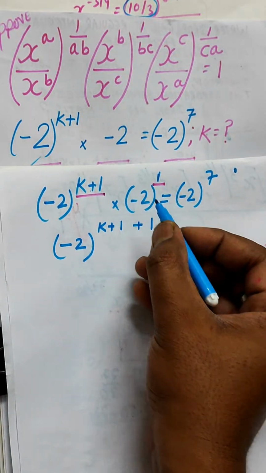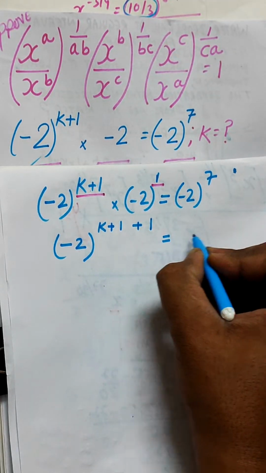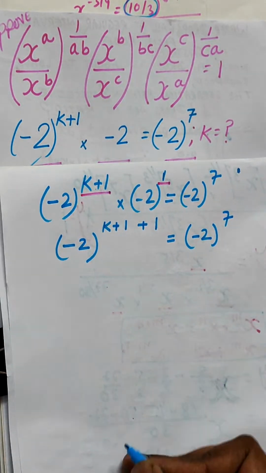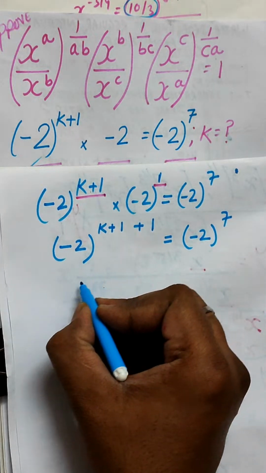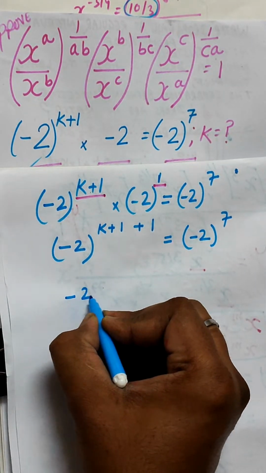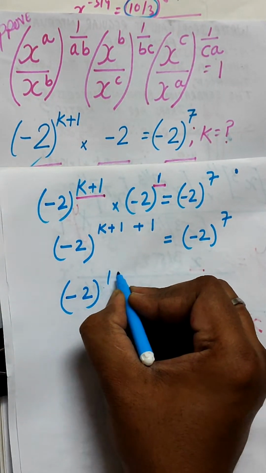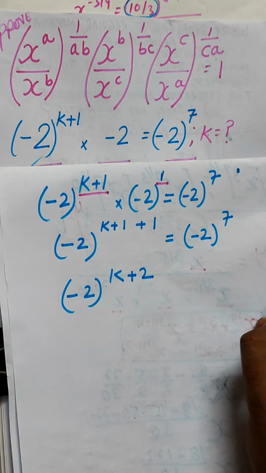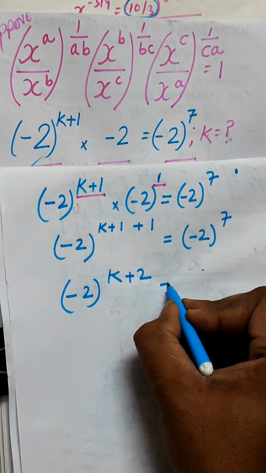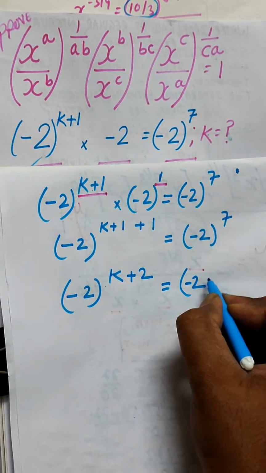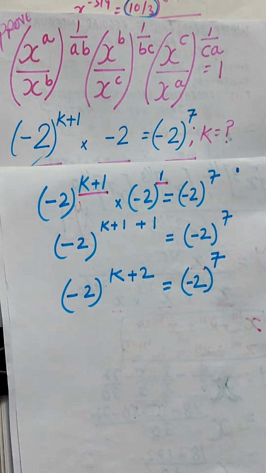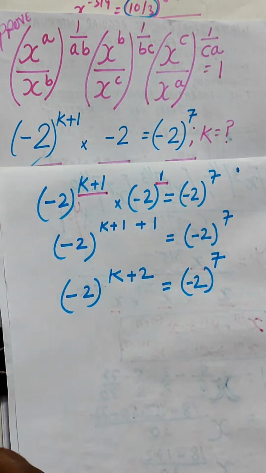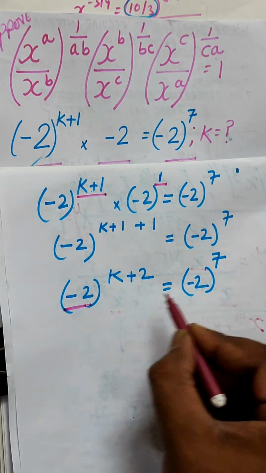In the RHS we have minus 2 power 7. We need to find the value of k, so it will be written as minus 2 power k plus 2, equal to minus 2 power 7, right?